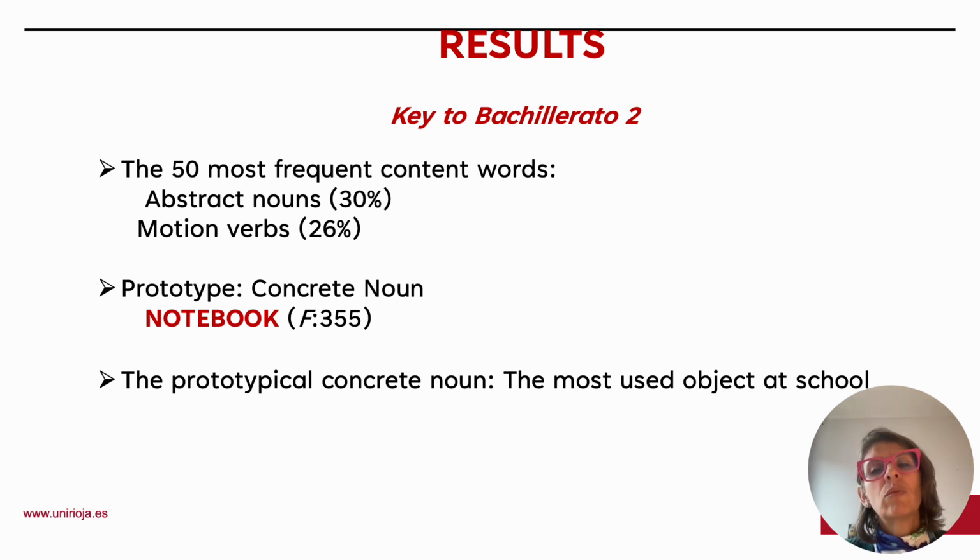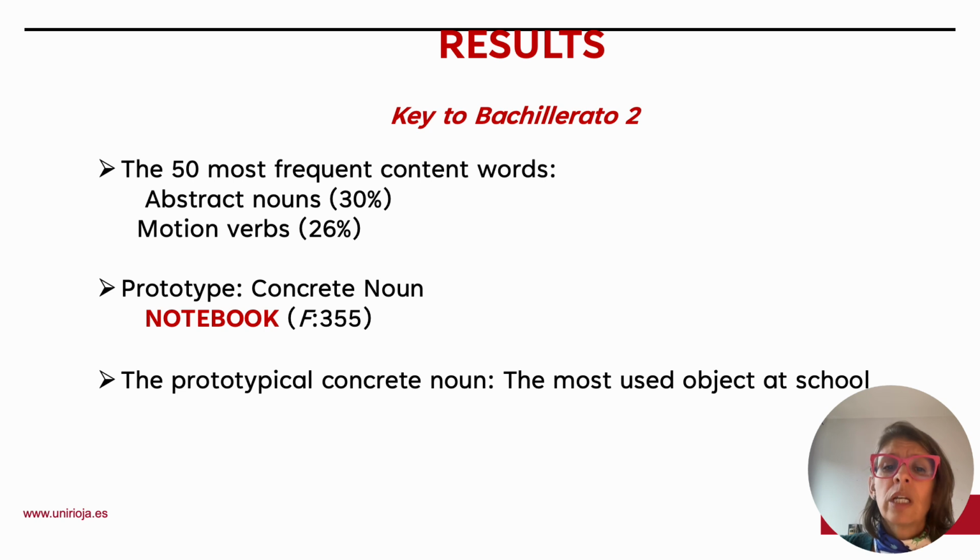Within the 50 most frequent content words in Key to Bachillerato 2, as I said, the higher percentage was in the abstract nouns with 30%, and also in the motion verbs with 26%. Nevertheless, the prototype was not included within these two subtypes of content words.